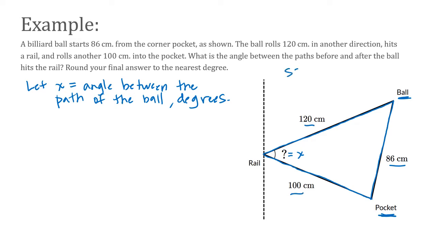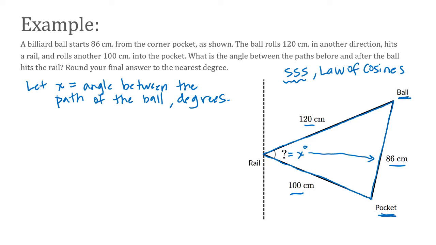So we have a side, side, side triangle, and that is the law of cosines. It's really helpful, I think, to identify what type of triangle you have so that you know exactly what properties you should use. Okay, so I want to find angle x, and that's in degrees, and so I need to connect that with this side of 86.